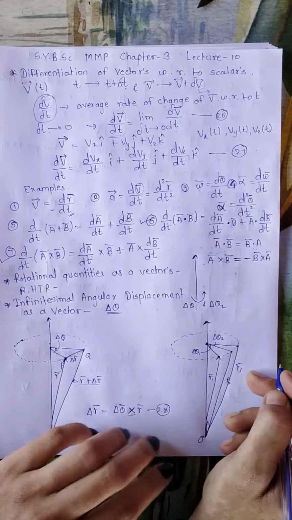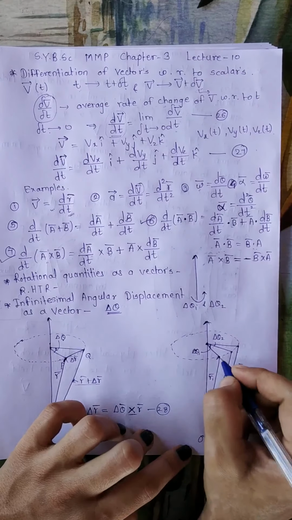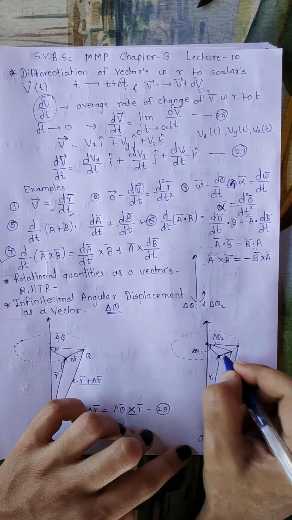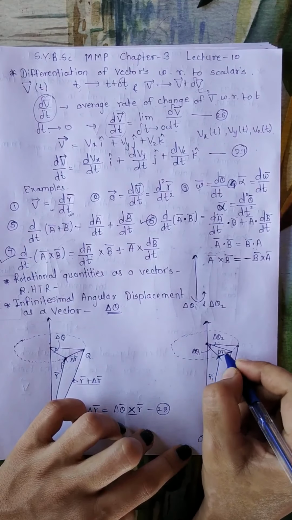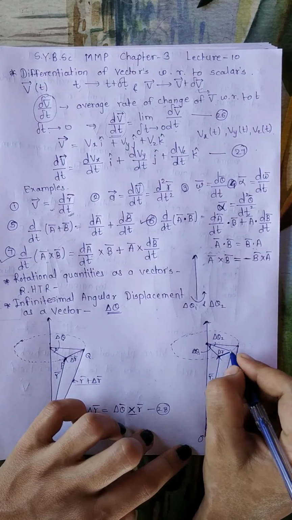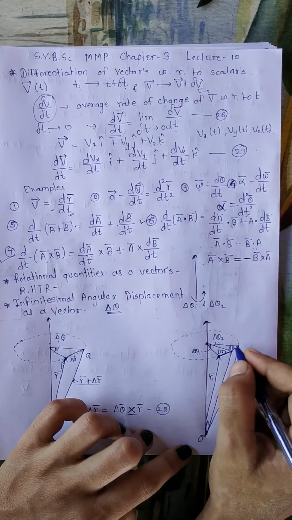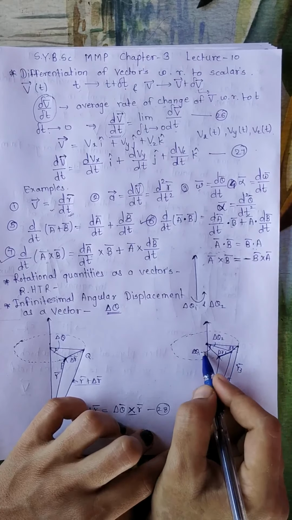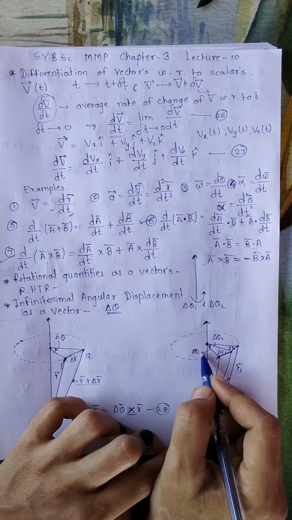So these are our three position vectors, and the corresponding displacements will be delta r1 and this displacement is taken as delta r2. So these are the corresponding infinitesimal displacements, and the corresponding angular displacements are delta theta 1 and delta theta 2.